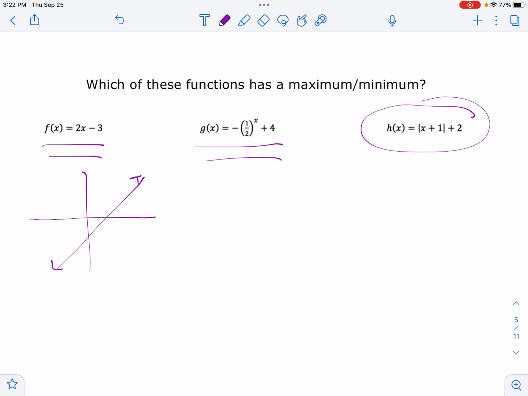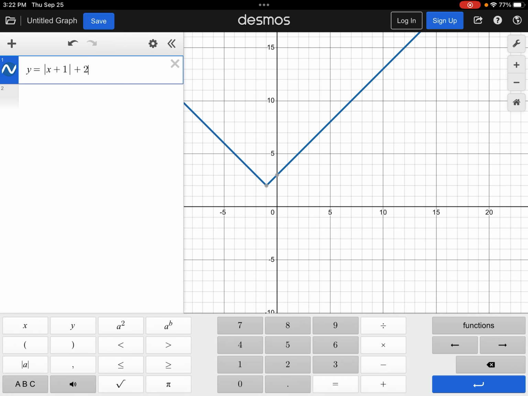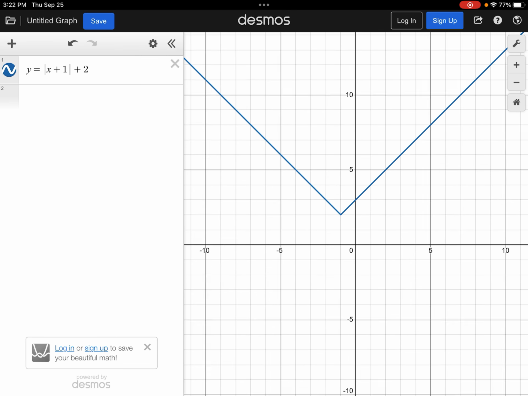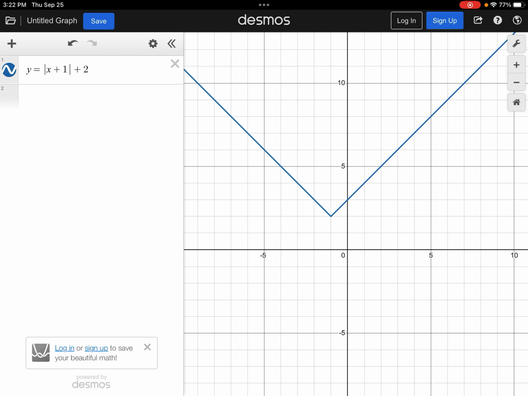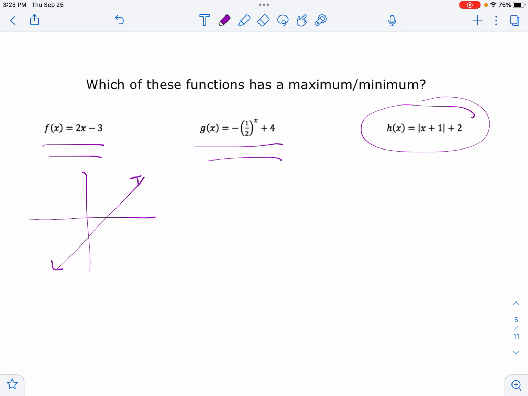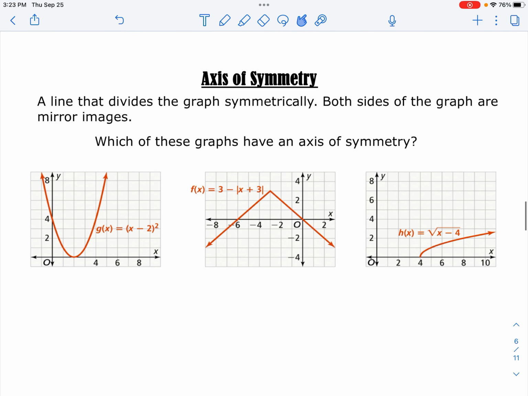Yeah, the absolute value of x plus 1 and then plus 2. So you'll notice there it is. And it does have a minimum. It's right there. It looks like the minimum is at positive 2 when x is -1. Okay. So which one has a maximum or a minimum? This one has a minimum. That's the only one. So you can use Desmos to kind of help you with that. Sometimes it's a little bit easier than the graphing calculator.